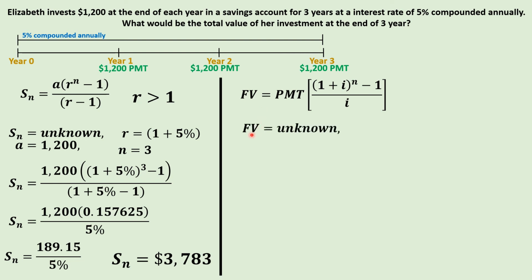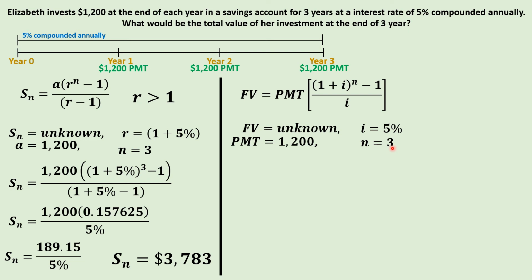So again, FV, we don't know what that is. PMT, yeah, we do know what that is. She's making an equal payment of $1,200 at the end of each year for 3 years. So we know that. We know the interest rate, it's 5%. That's stated as here, 5% compounded annually. Lastly, we know the term, it's 3 years. So we can use that as well.